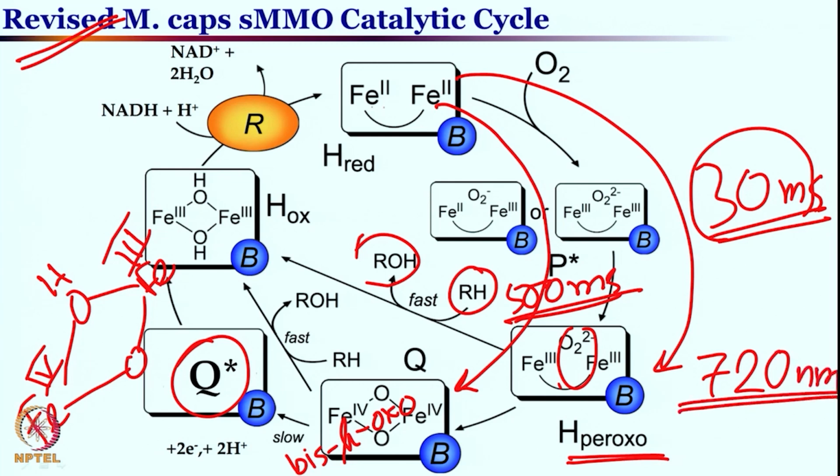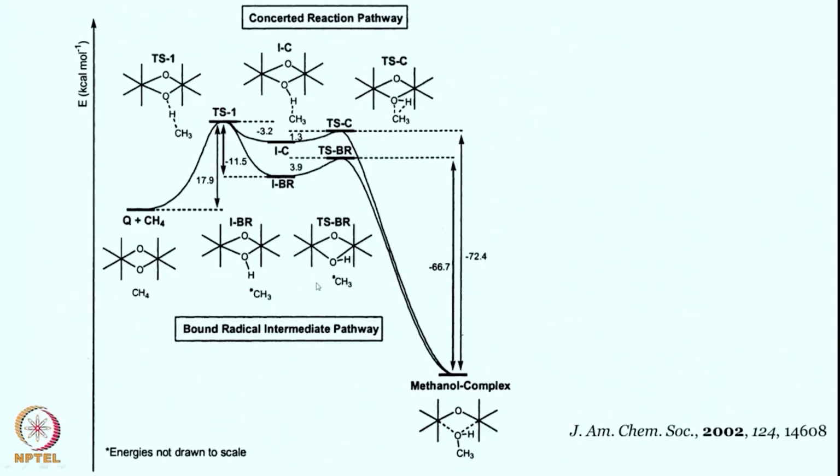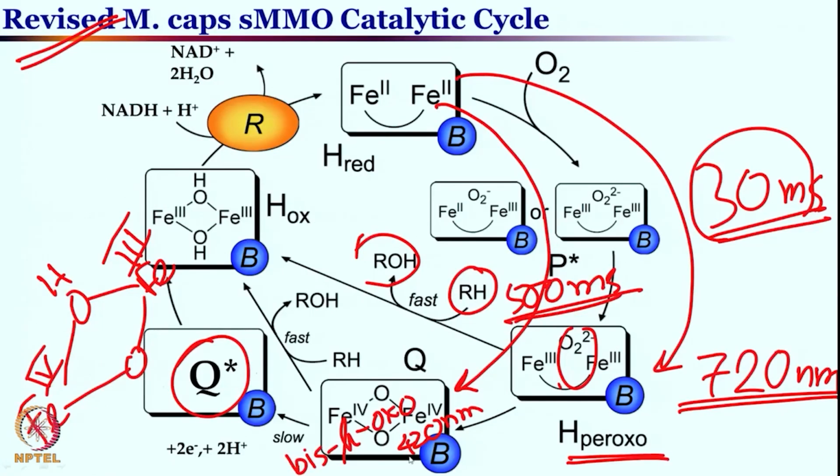If you mix these species with oxygen and wait for 500 milliseconds, this one forms, and this has a very characteristic band at 420 nanometer, right. These are the species you can follow and then react with methane to give the methanol product. So overall, what you have seen previously is that the decay of the 420 peak or 720 peak can be followed quite easily to give detailed kinetic studies.